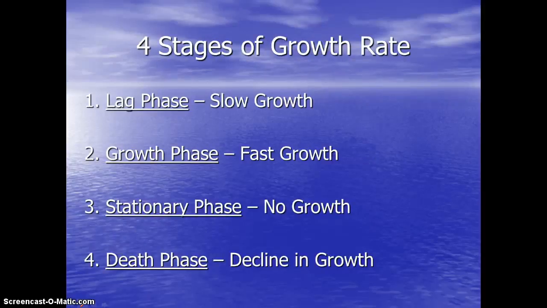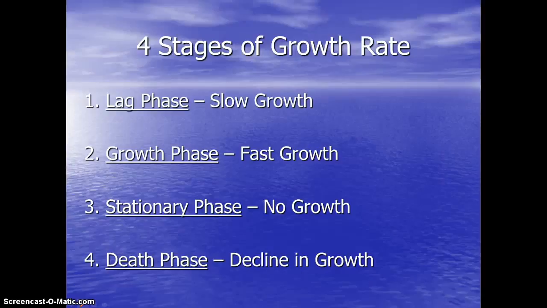Now when we look at population growth, we can graph it, and by looking at that graph we can determine what's happening within that population at a particular time as far as how it's growing. So these are the four stages of growth within a population. You can have a lag phase, which is slow growth.